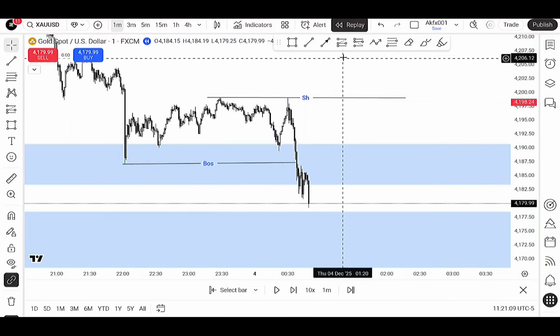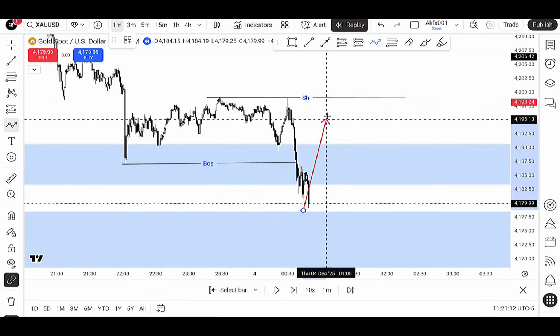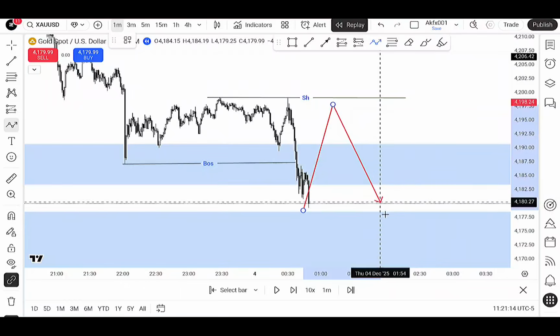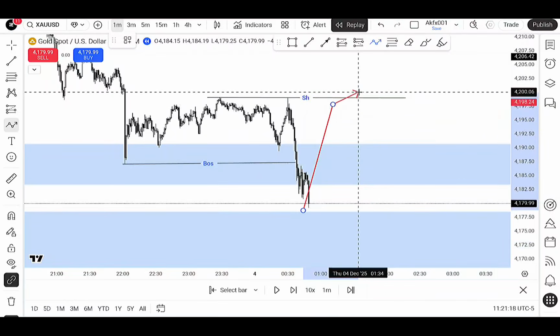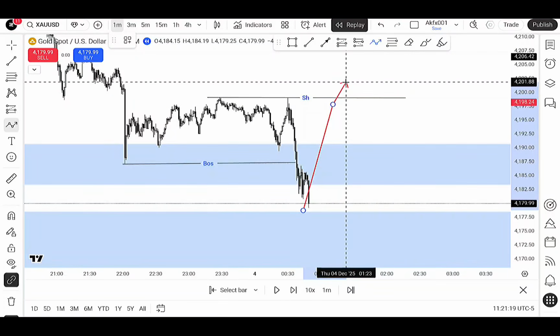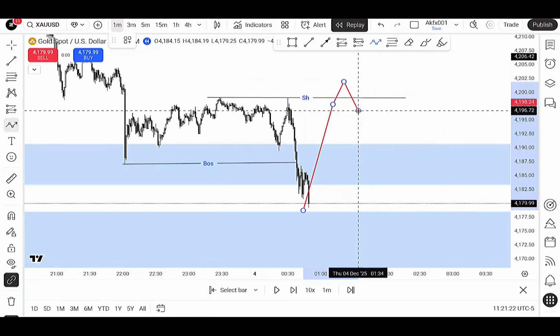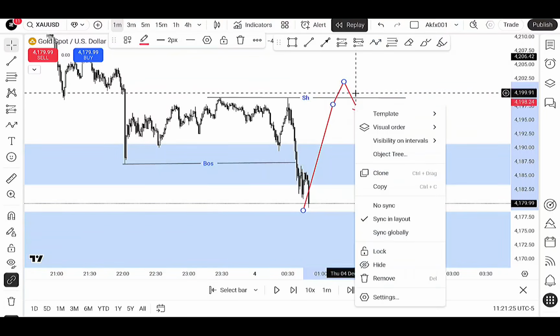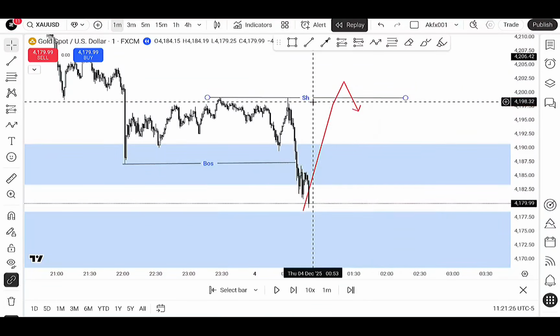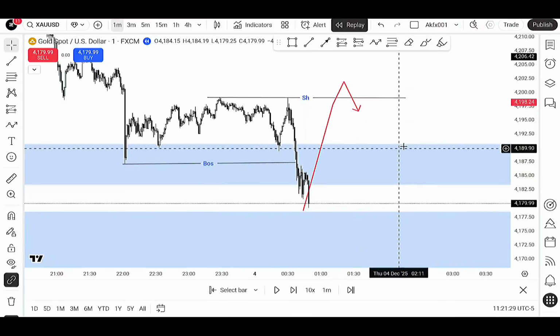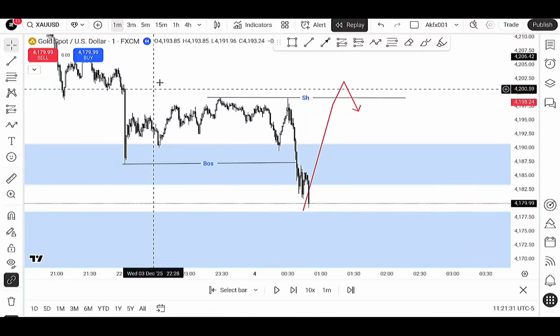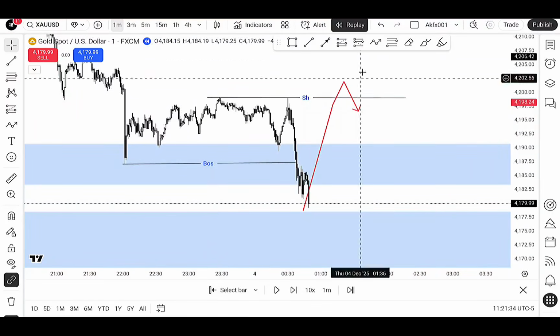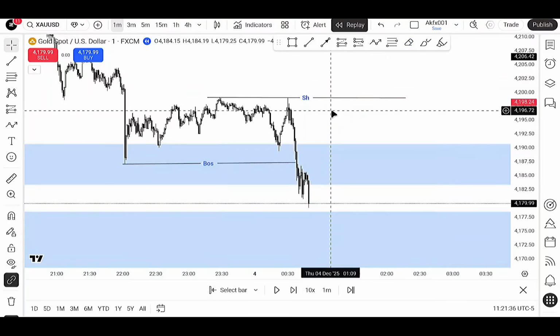What we want to see in this 1 minute is that the market should come back to this place, either respect it and continue coming down, or come back to this place, then liquidate these highs and give us a change of character. In a scenario where the market gives us a change of character, we adjust the swing high and look forward to taking trade from a certain level of support. Alright, now let's play price and see how things work.